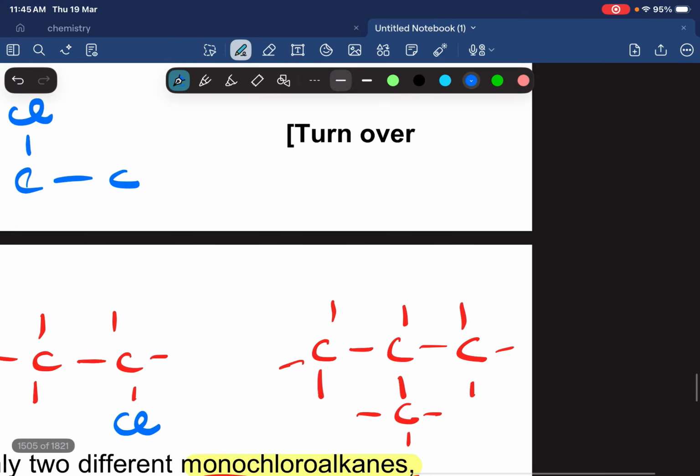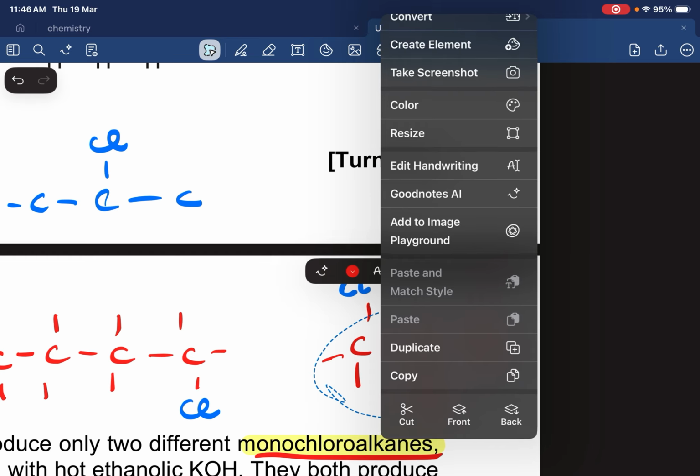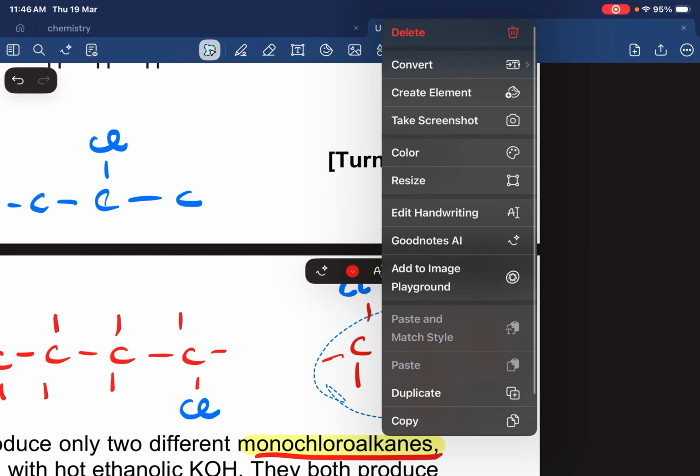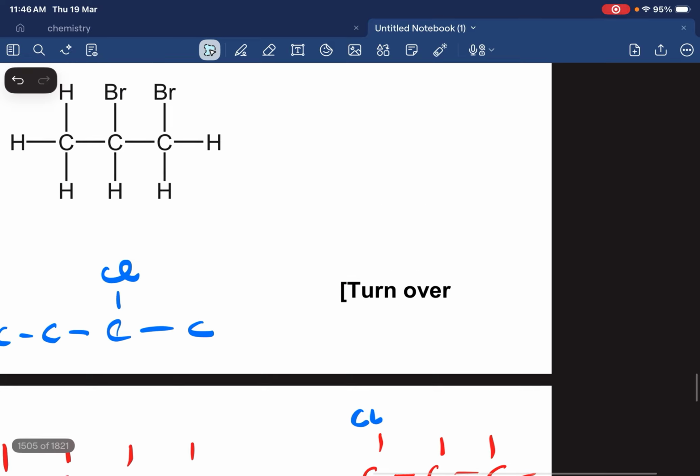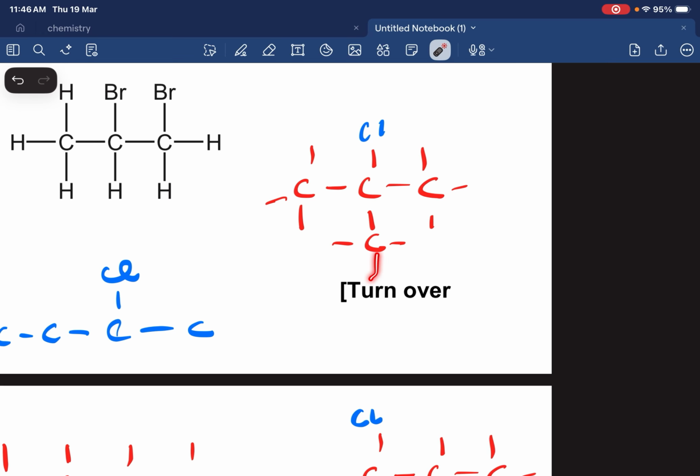And if I do it with methylpropane, if the chlorine attaches to the first carbon, it's going to form 1-chloro-2-methylpropane, and if it attaches to the second carbon, it's going to become 2-chloro-2-methylpropane.